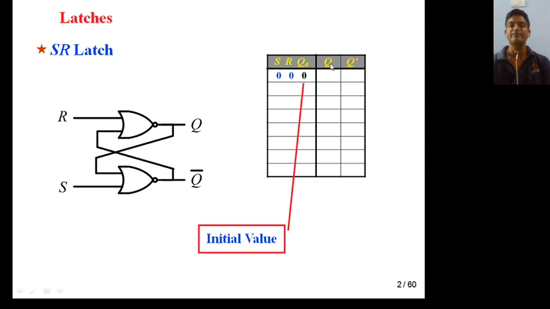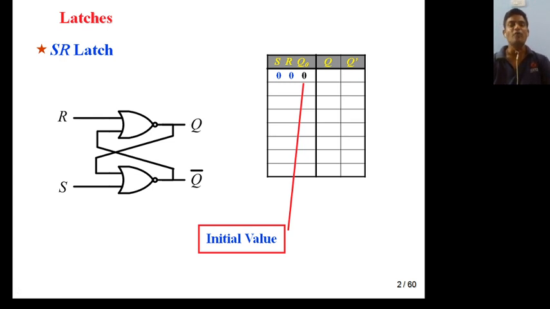Q0 is the present state. What is Q? It is the next state. It will work as a feedback value for this. Now with the help of S, R and Q0, we will determine the value of next state Q and Q dash.